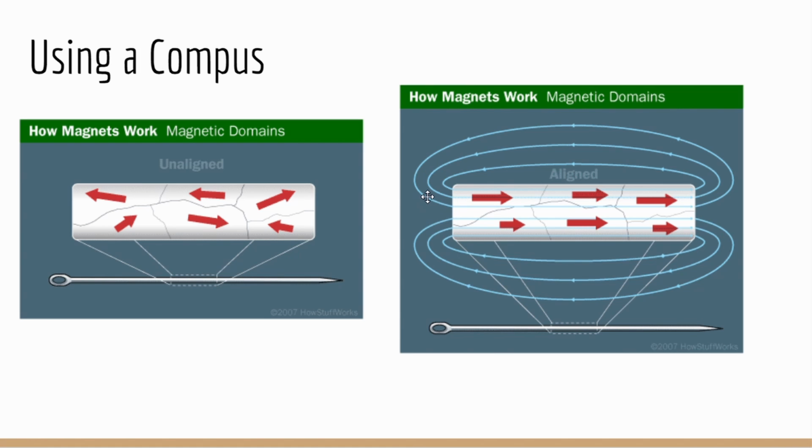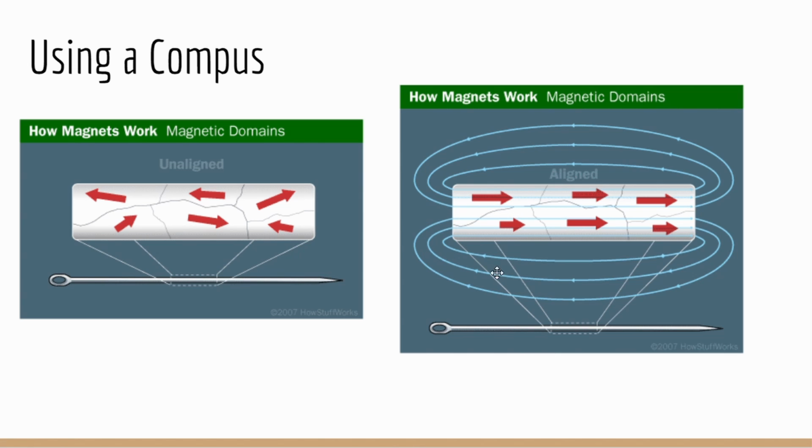So let's look at how that compass actually works. If you have a needle or something and you rub a magnet on it, you can magnetize it. You can do the same thing with a nail, screwdrivers, whatever. We can magnetize that and align these magnetic domains, as they call them here.